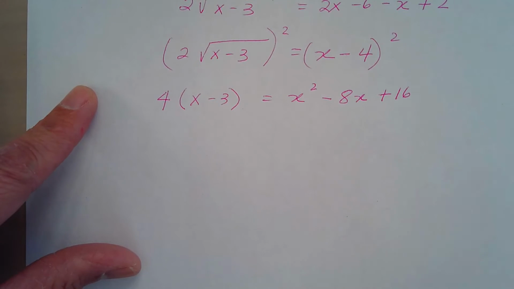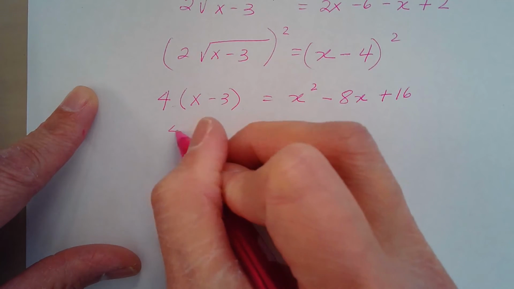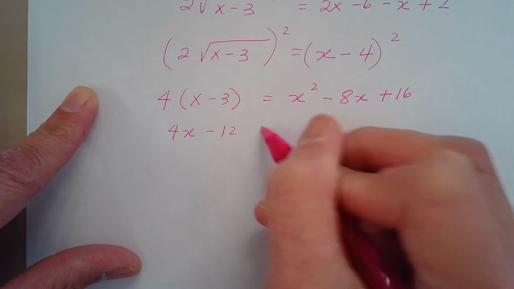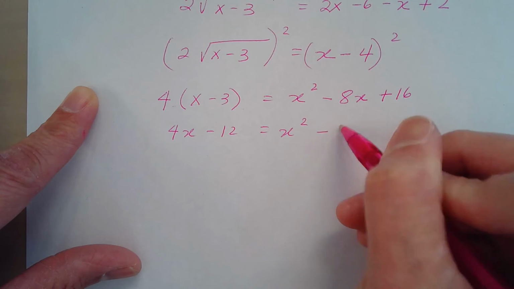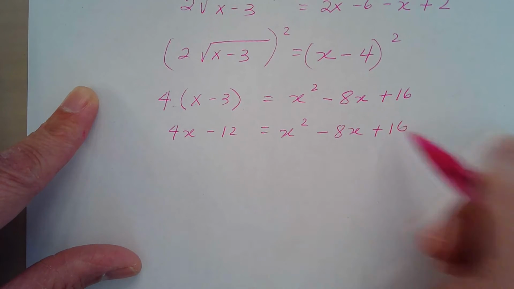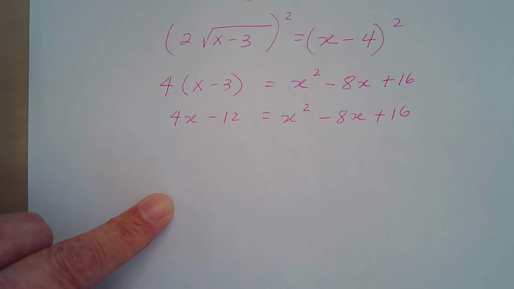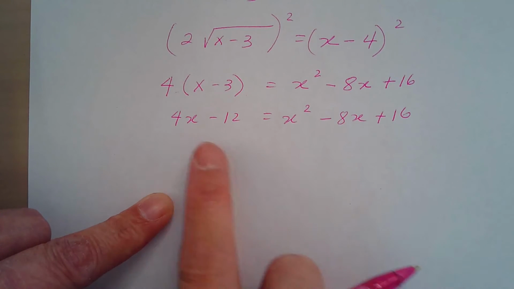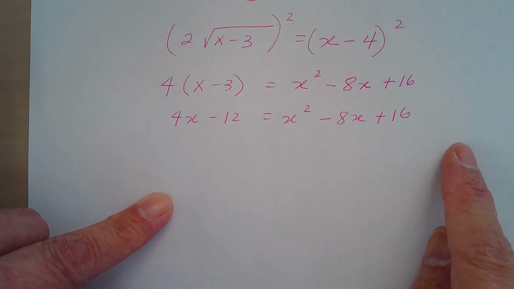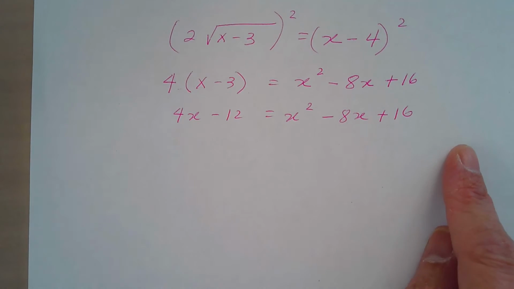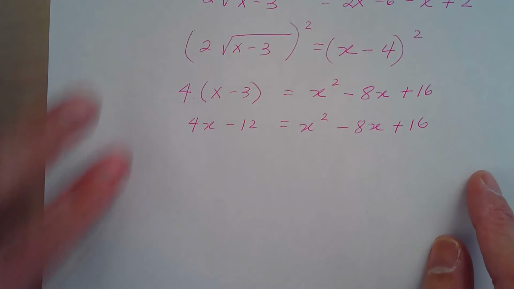Okay? Expand this a bit. So 4x minus 12 equals x squared minus 8x plus 16. Okay, almost there. Looks like we're going to have a quadratic equation. Okay, so bring everything to the other side.